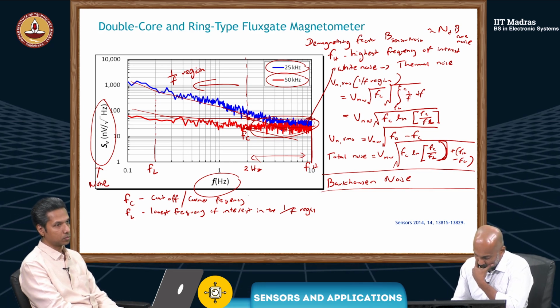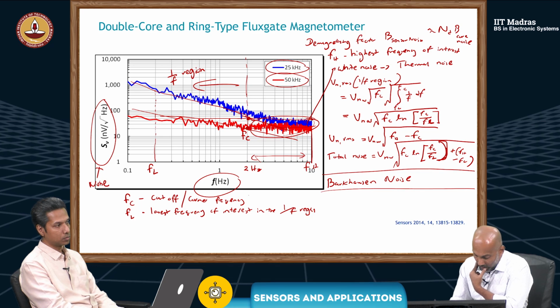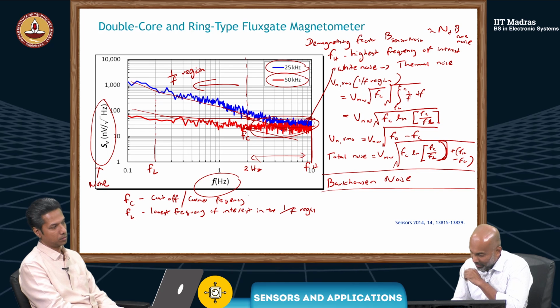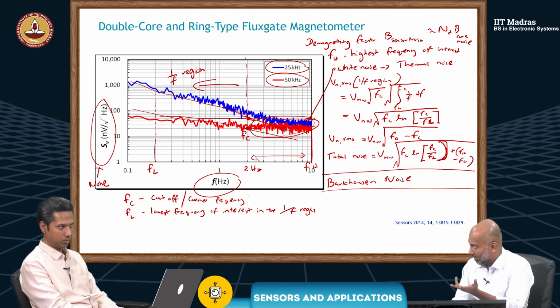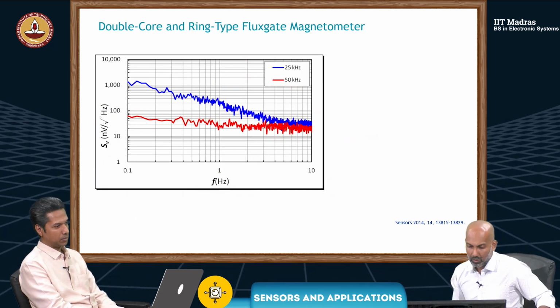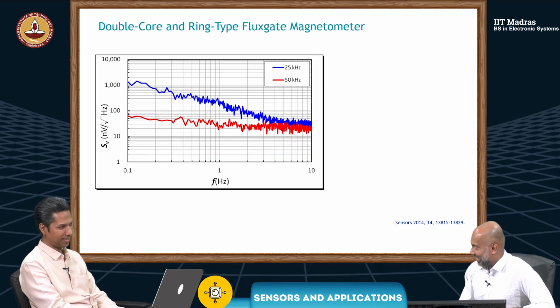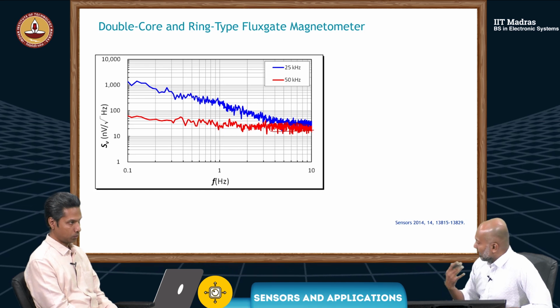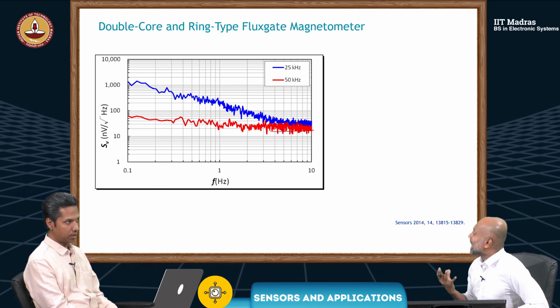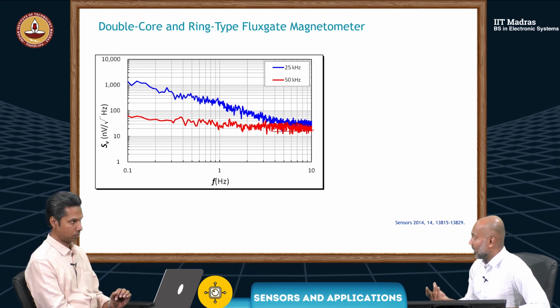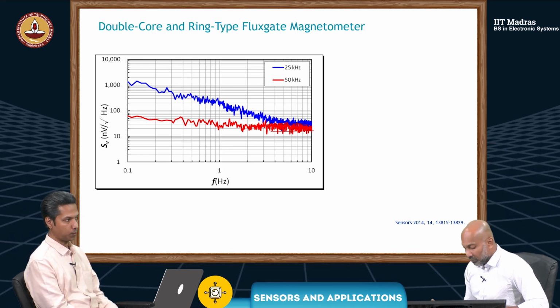What else? There is also the minimum detectable signal. For any Fluxgate, if something is in femtotesla, it may not be able to sense it. So there is another way to get an indication of the minimum detectable magnetic field.